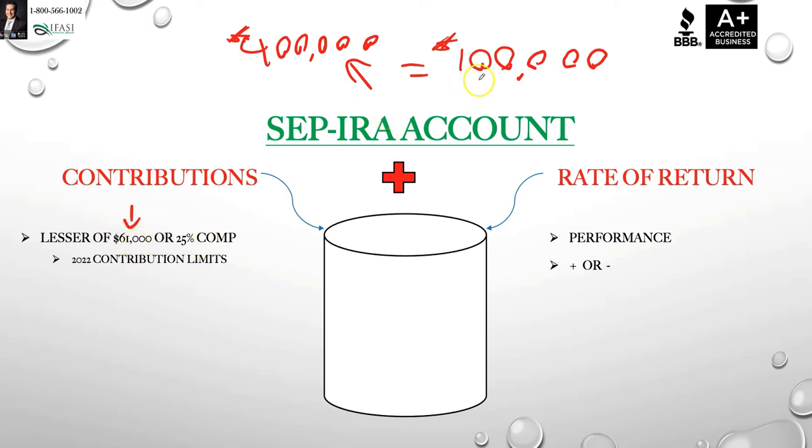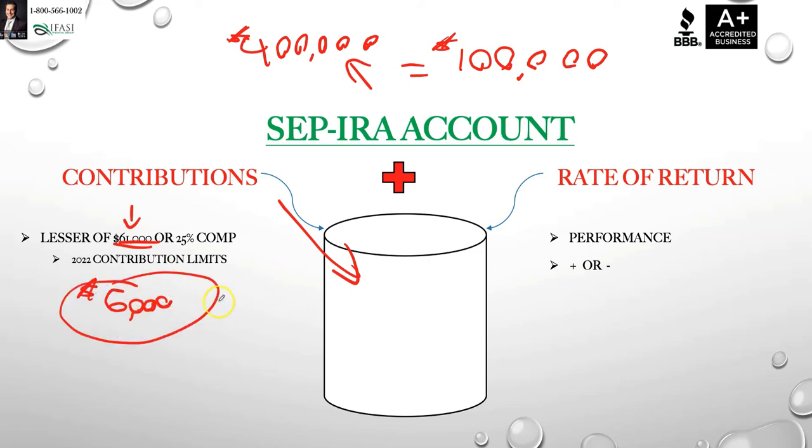Because $61,000 is less than $100,000 in this example, the most that somebody could contribute is $61,000 into their SEP IRA account. So as you notice the difference, if an individual is below the age of 50, the most that they can contribute into a traditional IRA is $6,000. The most that they can contribute to a SEP IRA account is $61,000.